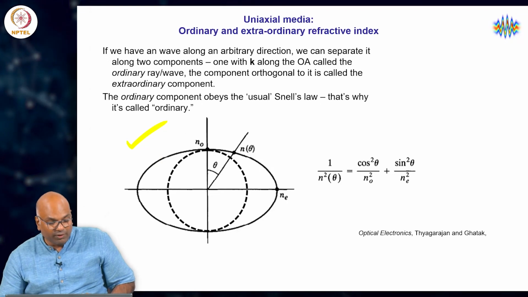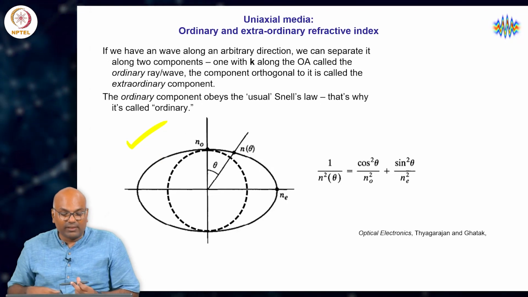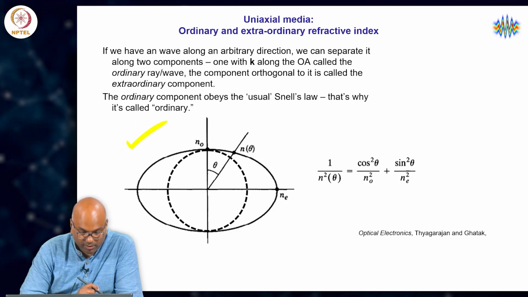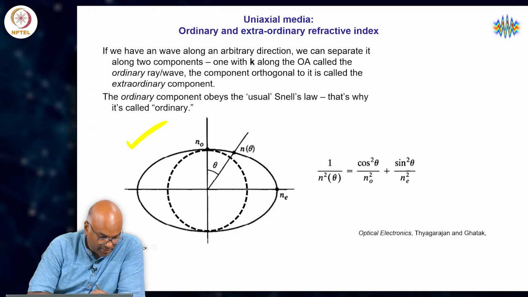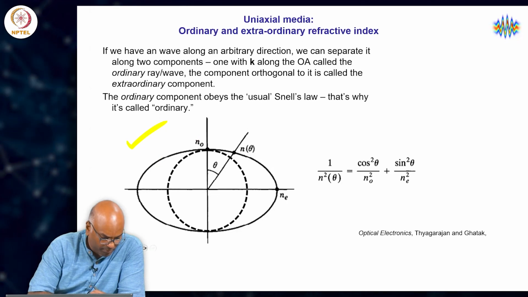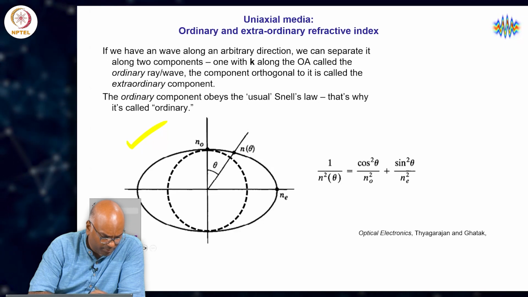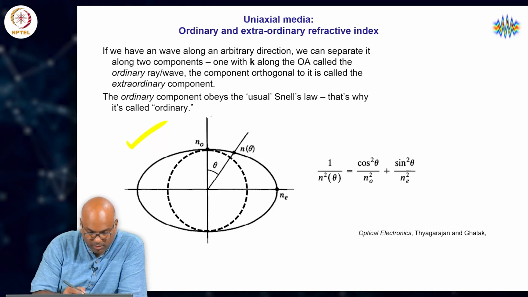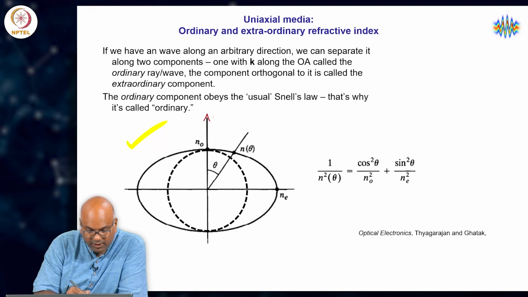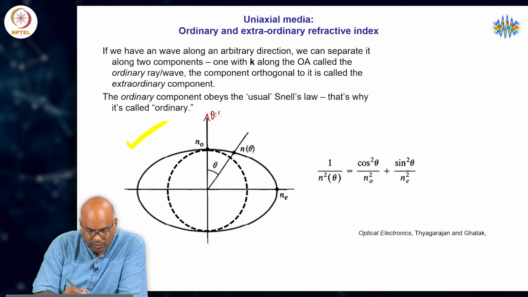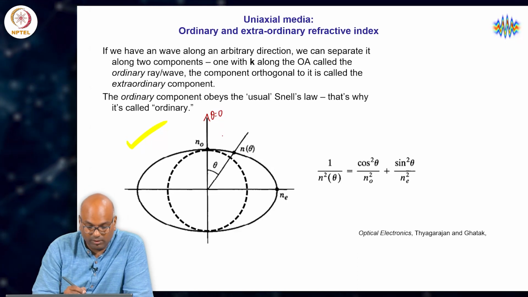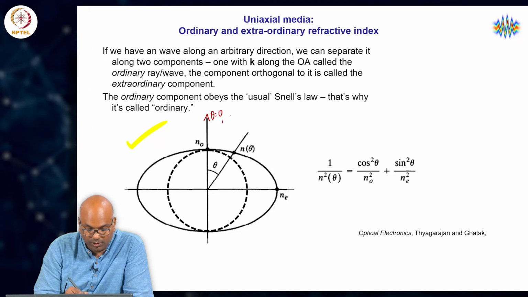This plot of refractive index, where the vertical z axis here is the reference axis for theta is equal to 0, or we can call this the z axis by some convention which we always love to use. This is called the optic axis.